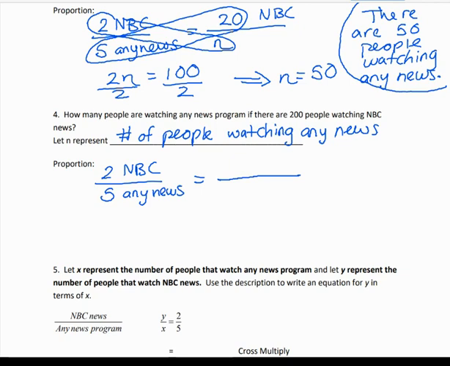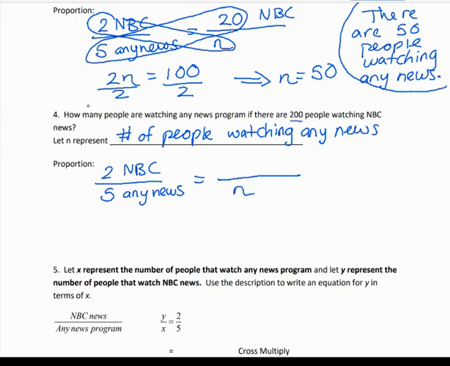Okay, so let's take a look. People are chiming in well. Okay, please listen to this before we head off to lunch. So we're looking for any news. Again, we're using the ratio of 2 to 5. Since we're looking for any news, N is on the bottom.